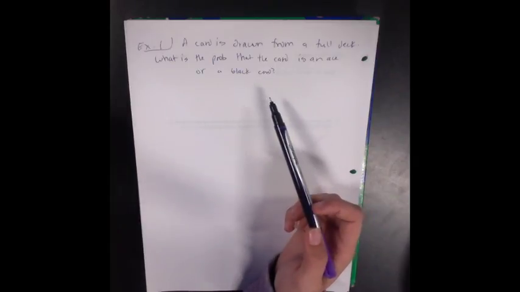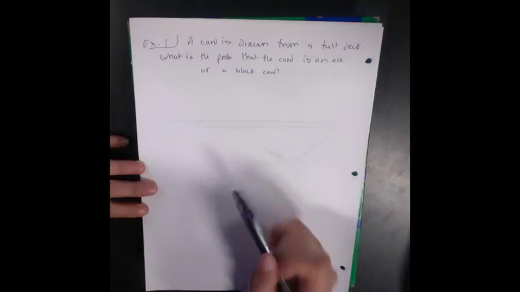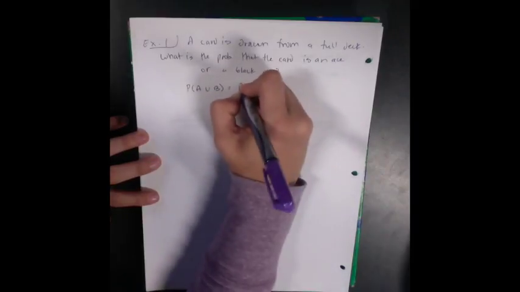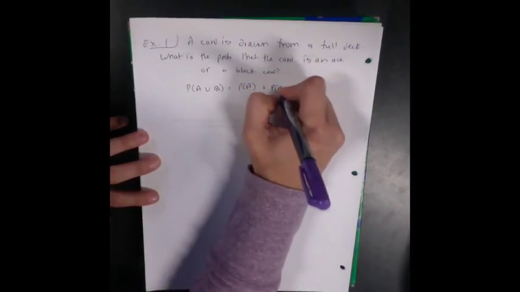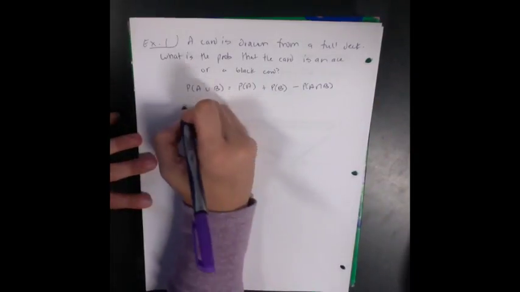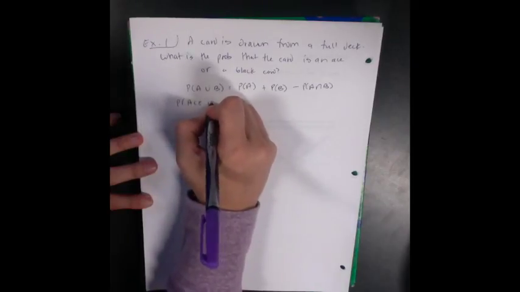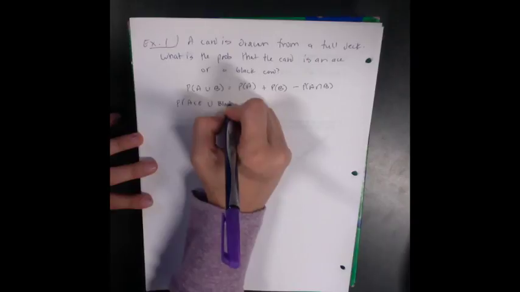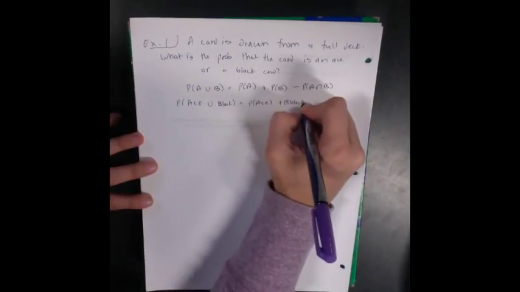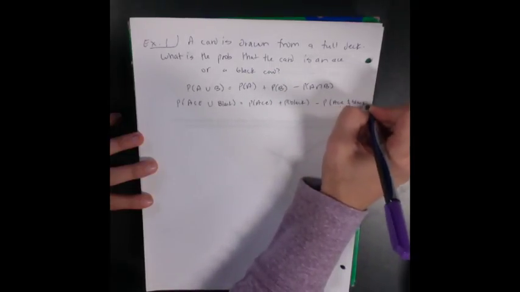So what that means is, if we draw an ace and it's black, we don't want to count that twice. So the probability of A union B is the probability of A plus the probability of B minus the probability of A and B. In words, it's the probability of ace or black, and it's the probability of an ace plus the probability of a black minus the probability of an ace and black.